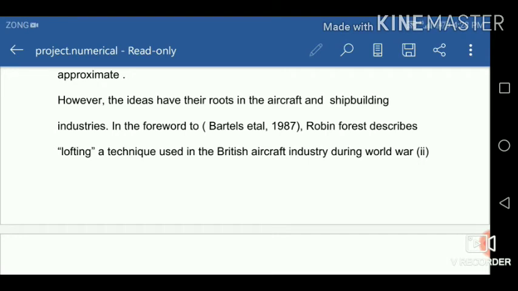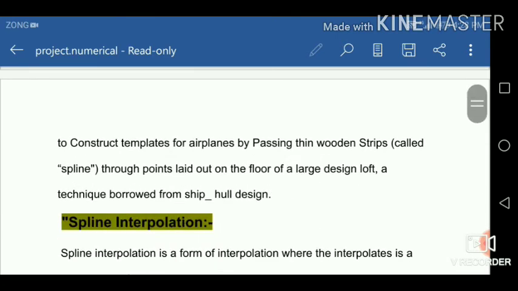In the foreword to Bartels 1987, Robin Forrest describes lofting, a technique used in the British aircraft industry during World War II to construct templates for airplanes by passing thin wooden strips called splines through points laid out on the floor of a large design loft, a technique borrowed from ship hull design.